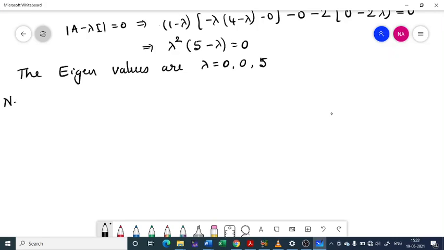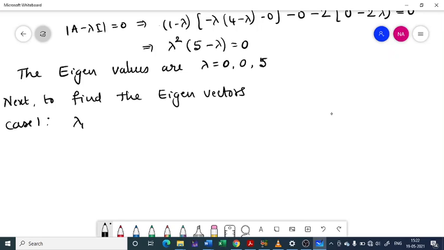Next, to find the eigenvectors, case 1, lambda 1 equal to 0. So both these roots are considered as lambda 1. Actually I have lambda 1, lambda 2, lambda 3.